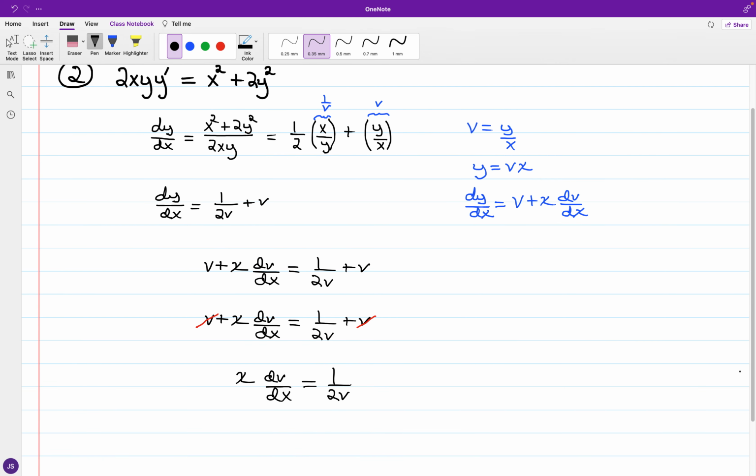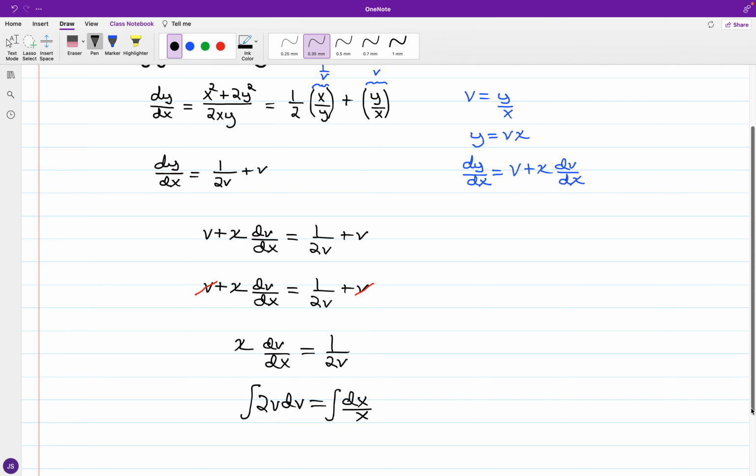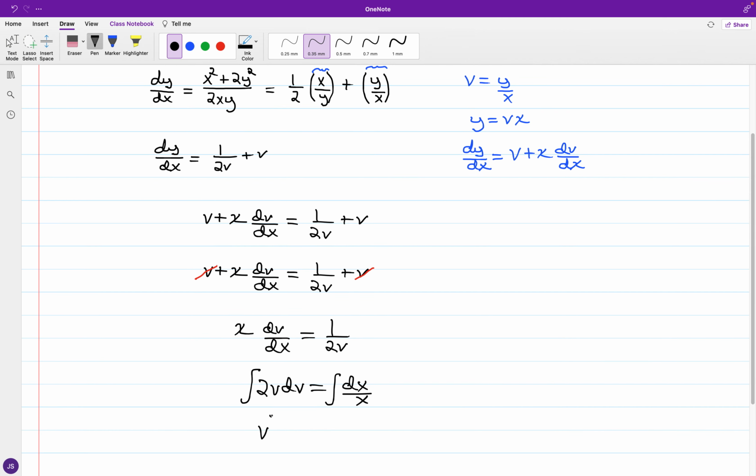Separating the variables, we're going to have 2v dv equal to dx over x, and integrating over both sides, v squared is equal to the natural logarithm of x followed by the constant.